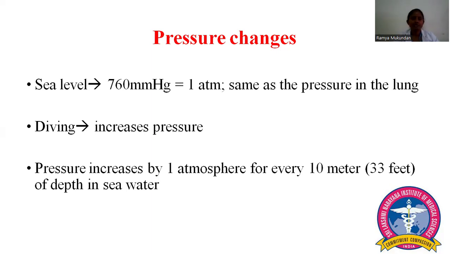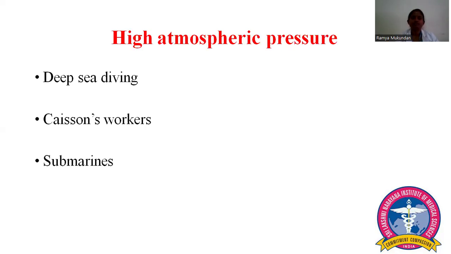The total pressure is already 1 atmosphere at the sea level, then an addition of 1 atmosphere according to the descent makes it 2 atmospheres. Then for every descent of about 10 meters, 1 more atmosphere is added. So depending on the depth of the descent, there are changes in the human body.